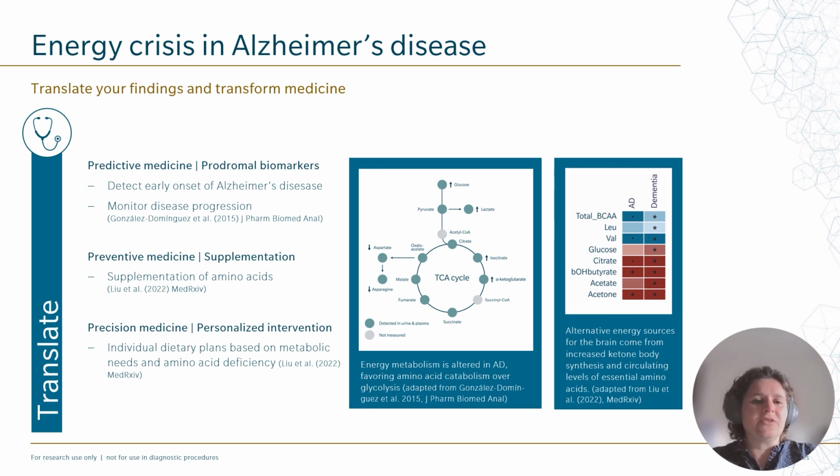And for precision medicine, you can think of individualized, personalized intervention with dietary plans, for example, to try and very early on, let's say, reestablish the balance or promote energy metabolism to sustain healthy brain function for as long as possible.